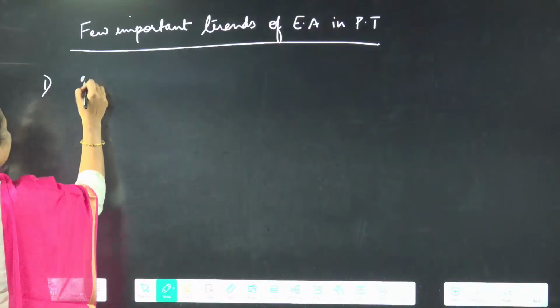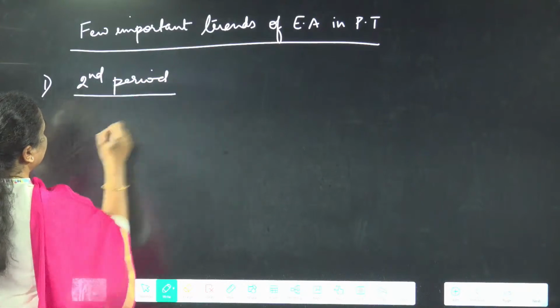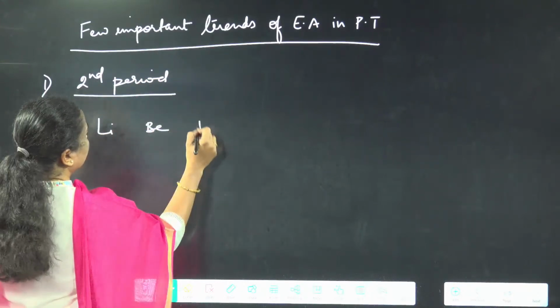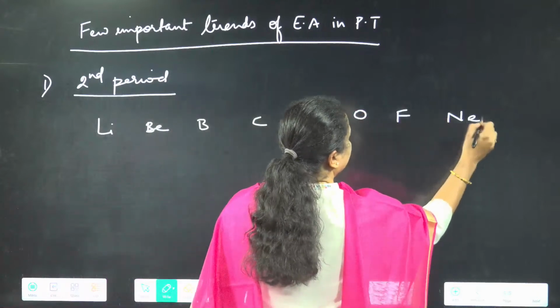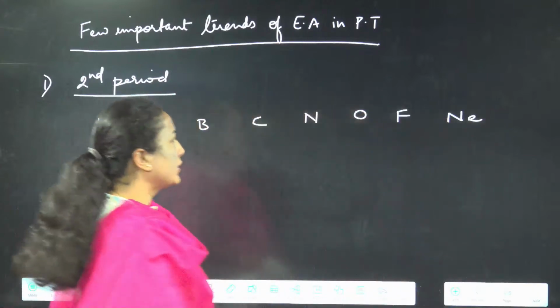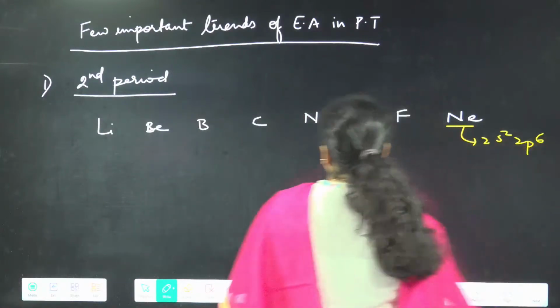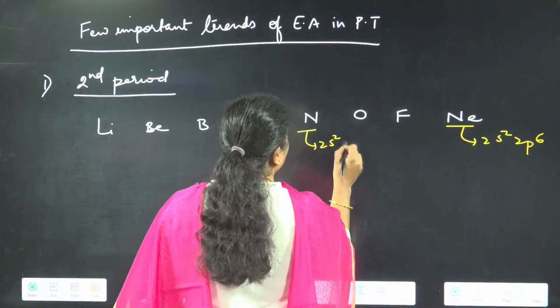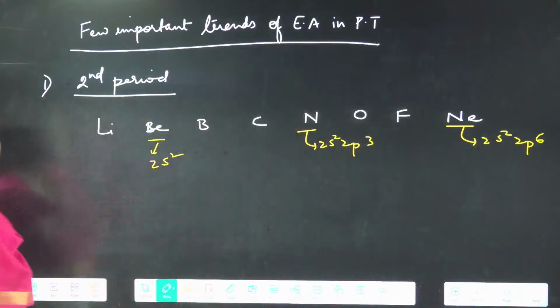Suppose I am talking about the second period, right? In the second period, I have lithium, beryllium, boron, carbon, nitrogen, oxygen, fluorine and neon, right? If I talk about the configuration, it will be 2s2, 2p6 for neon. Here it is 2s2, 2p3, and here it is 2s2, right?